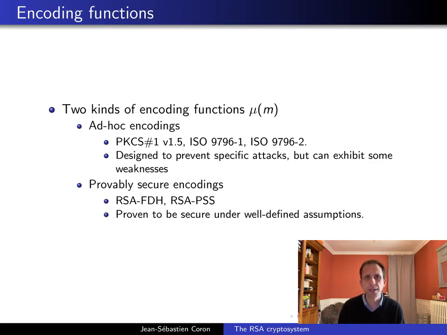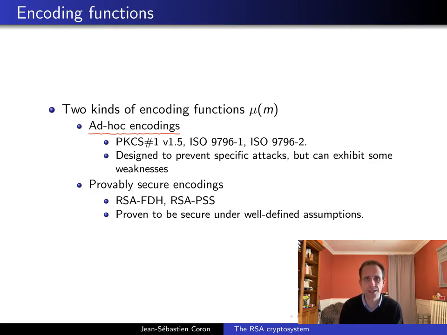So there are basically two kinds of encoding functions mu of m. There are the old ad hoc encodings, the first generation of encodings, which can be found in various standards. So for example, PKCS1 version 1.5, the ISO 9796-1 and ISO 9796-2.